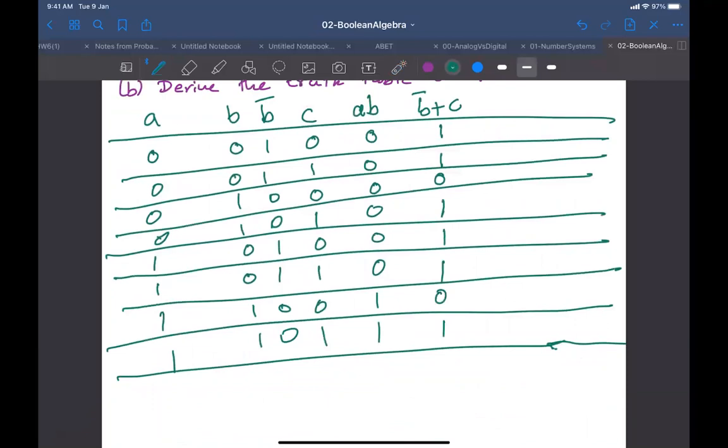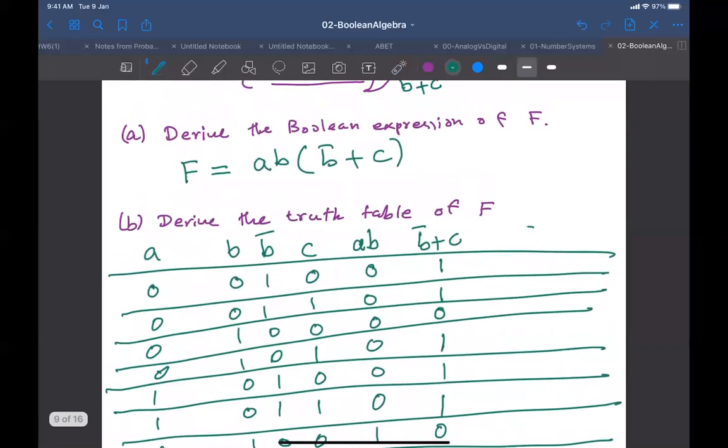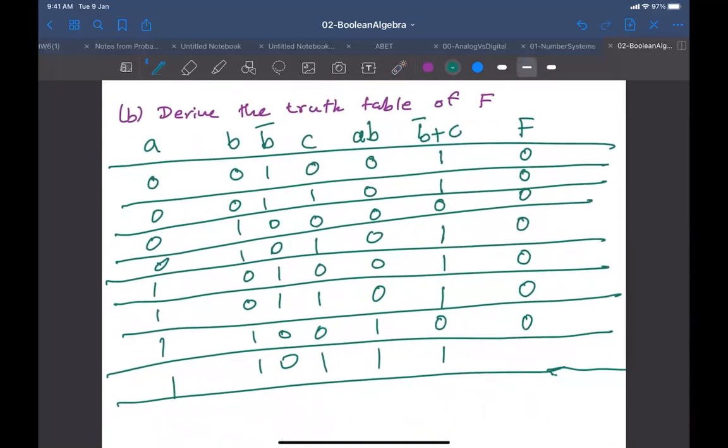Did I get it right? Yes. And then finally, my F is going to be the ANDing of these two columns, right? Because of these zeros here, all of this will be 0. And then this is 0 because of this 0 here. And then this is the only 1 here.